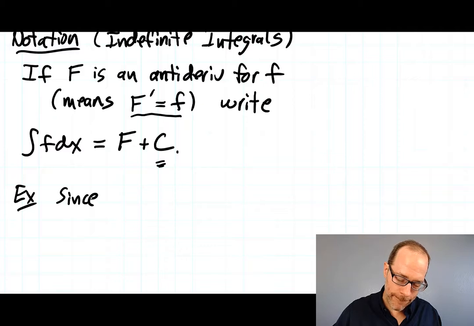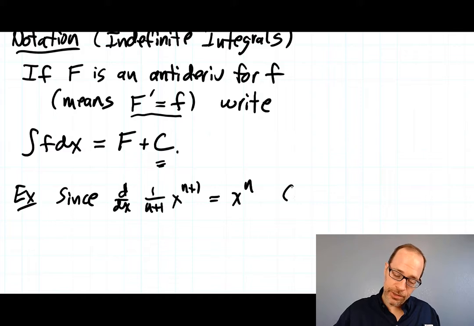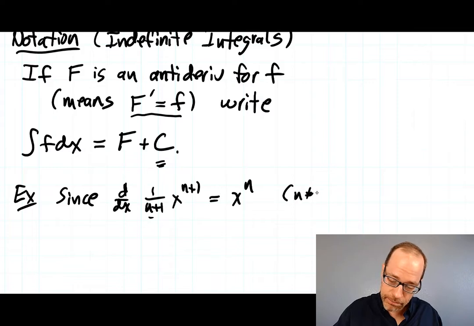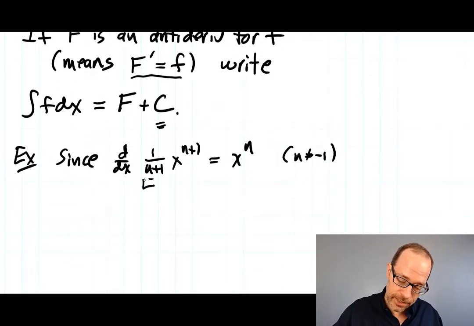Since the derivative of 1 over n plus 1 of x to the n plus 1, now when we take the derivative, that n plus 1 comes down and is canceled, and I just get x to the n. Now technically this only works when this denominator is not 0, right? Which is the same as saying n can't be minus 1 here. That means that this is an antiderivative for this.